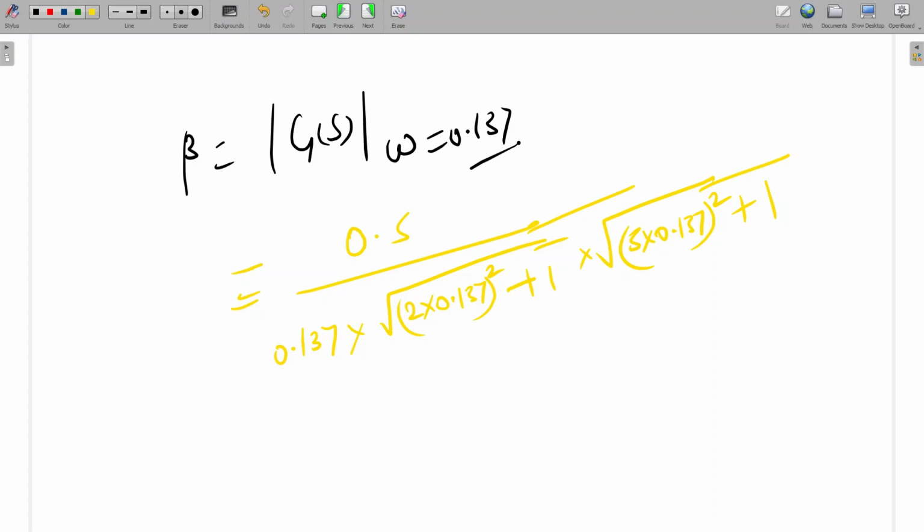Just calculating this. 0.5 divided by 0.137 into under root 2 into 0.137 whole square into 5 into 0.137 whole square plus 1. How much are we getting this value?